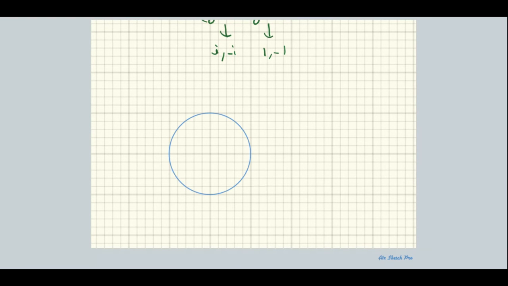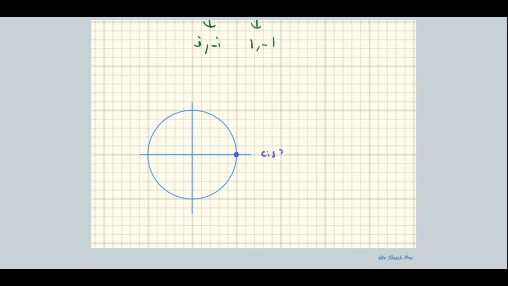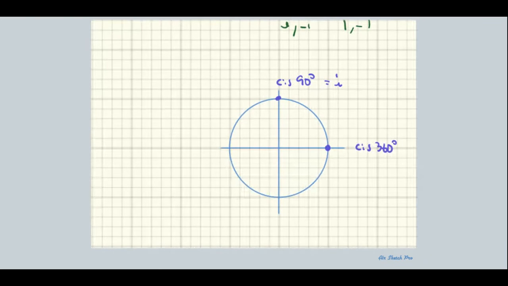Again, this is the complex plane. Here's the real axis. Here's the imaginary axis. What I'm going to do is grab one solution here, and now I'm going to cut the circle into 4 equal pieces. If this is cis 360, 1/4 of that is going to be cis 90. This is i. 2/4 is going to be cis 180.